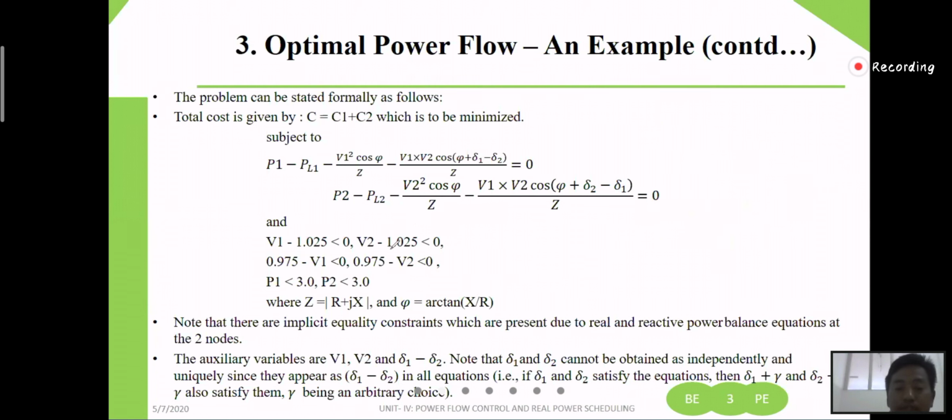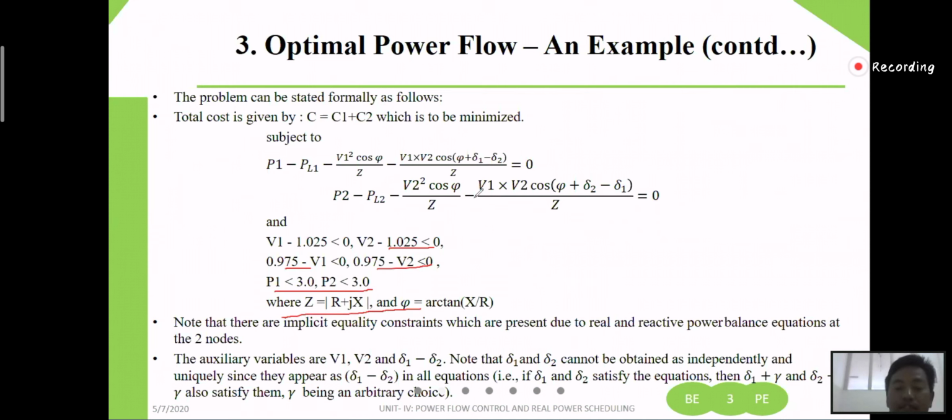Similarly, V2 should also satisfy this, and then 0.975 minus V1 should be, this is a minimum value. For both cases, the power should be less than 3 per unit, and then Z.